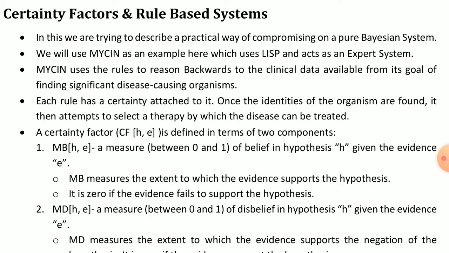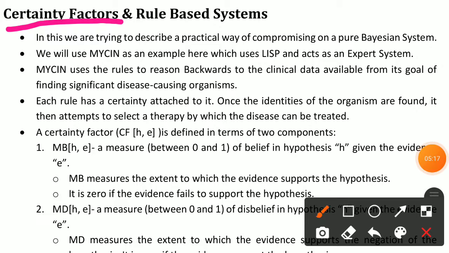So here we can use the certainty factor. We can take the short form as CF(H,E), which is defined in terms of two components. Here we use two different components.